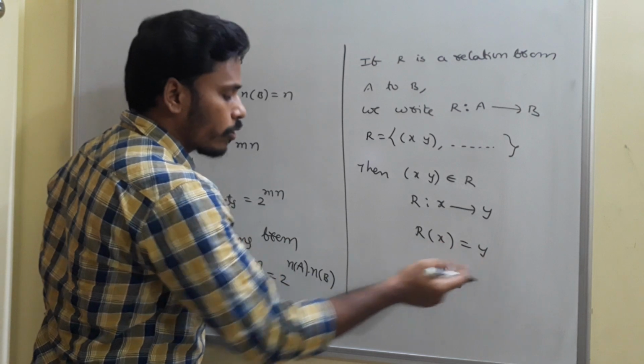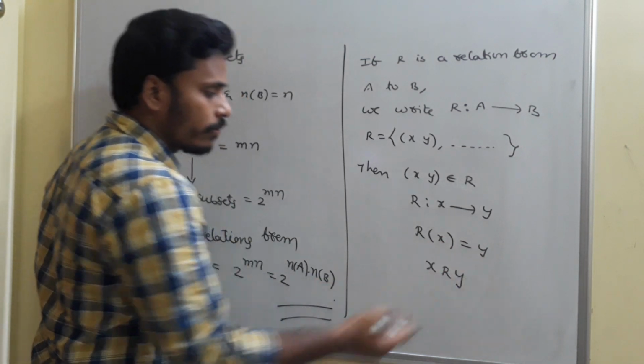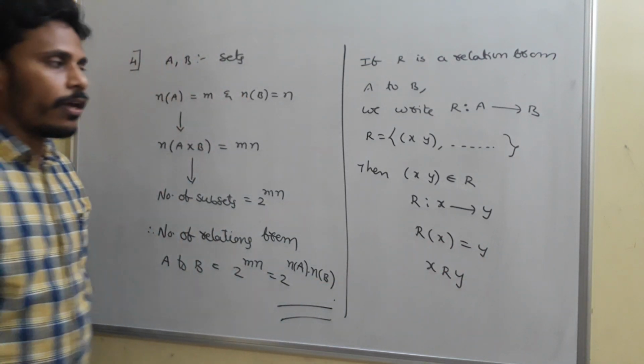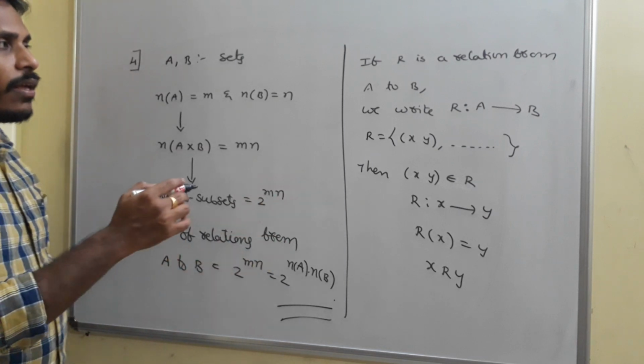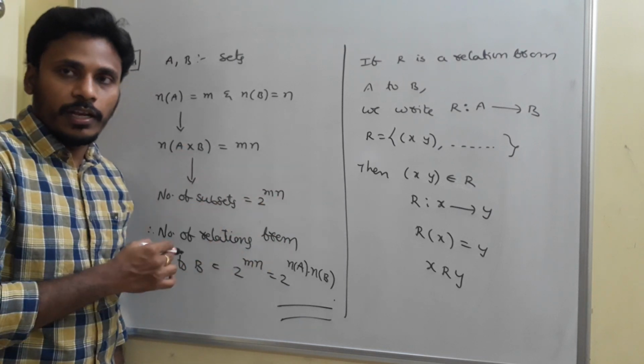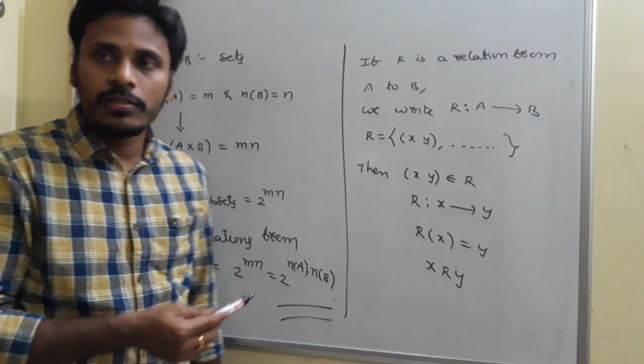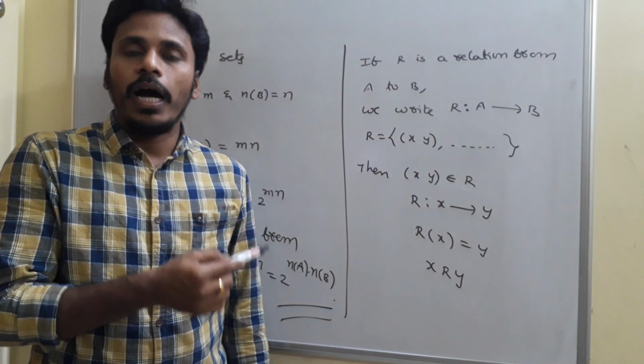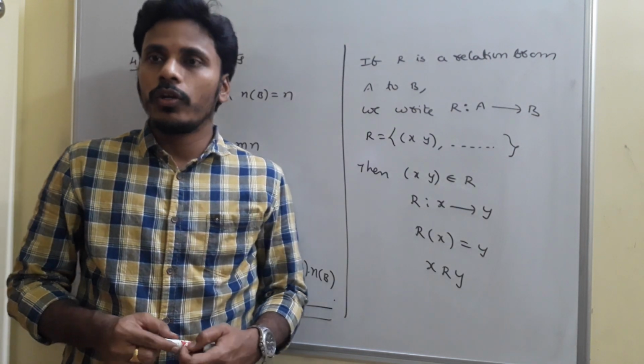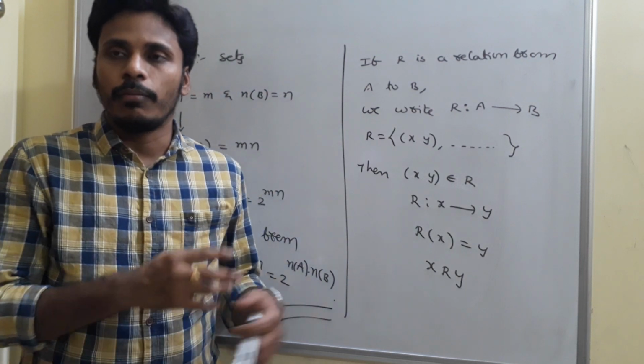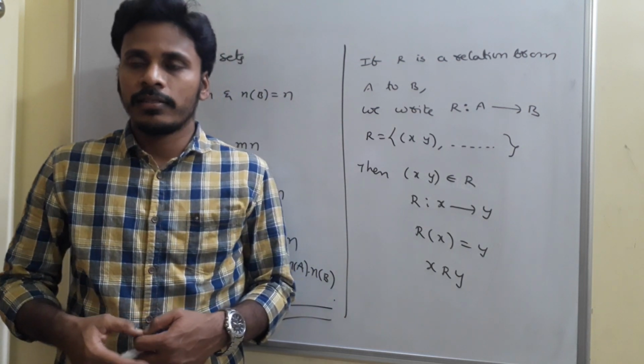R of x is equal to y. x R y. Like that we will define. Just have a look, this is simply a notation for relations. Based on these notations, definitions, and rules, we are going to solve some problems and analyze more about relations in the next class. Just have a look.